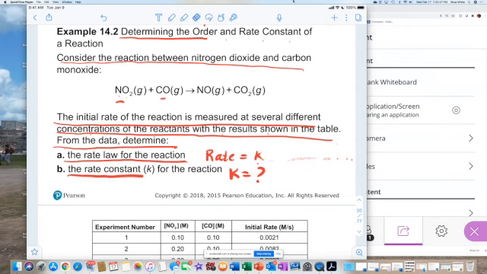Okay, so here's my thing. I'm going to be figuring out the rate law. Let me not be lazy. Since I have two reactants, I'm going to have two reactants in my rate law, right? That's what I think. I'm hypothesizing.